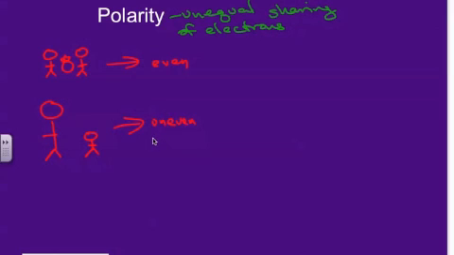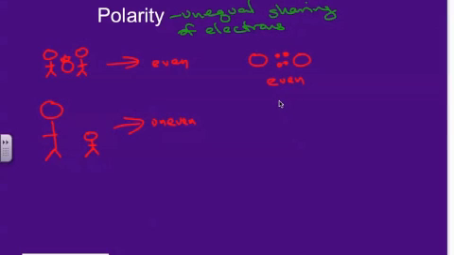The same can be said if you have atoms that are the same and atoms that are different. For instance, if you have oxygen and oxygen sharing electrons with each other, so these 4 electrons, then the distribution of electrons around both atoms should be even.